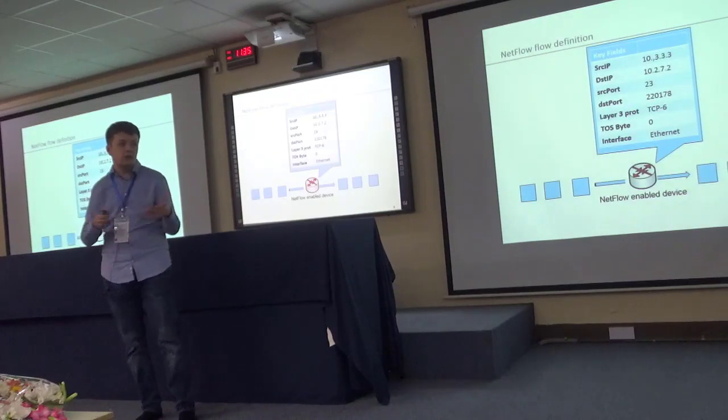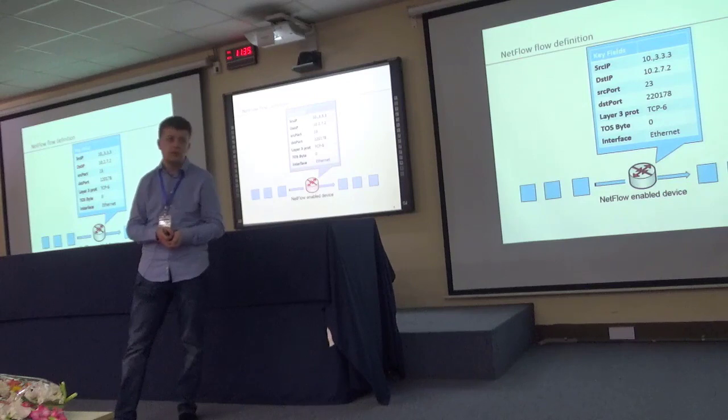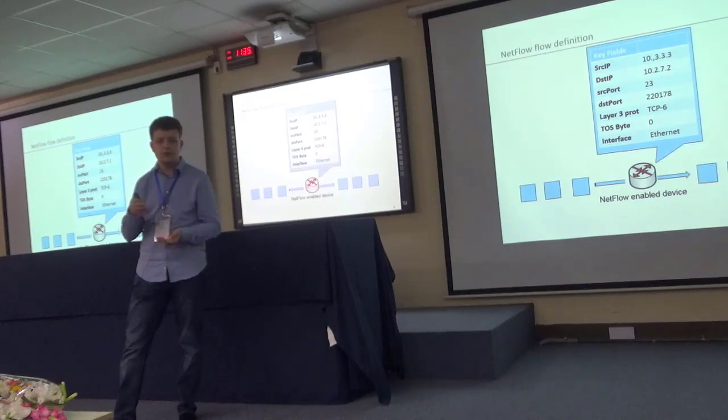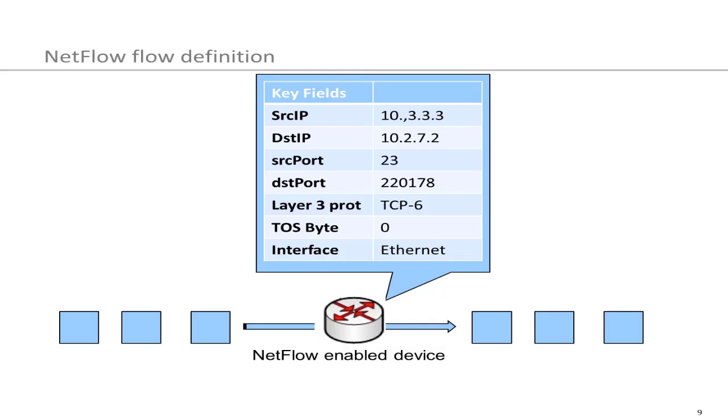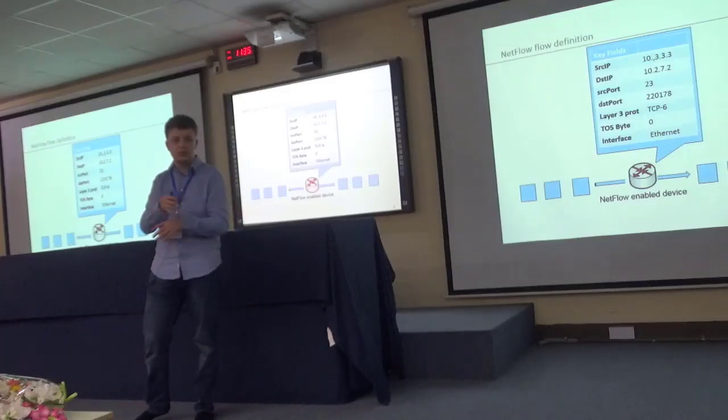What is actually now a flow? I've already said it a little bit, but basically we have just the key fields of the connection: source IP, destination IP, source port, destination port. Then you also usually include things like the layer 3 protocol, TCP or UDP, and on which interface it was collected. So if you have a router that has multiple interfaces, multiple subnets, then this is also part of the information.